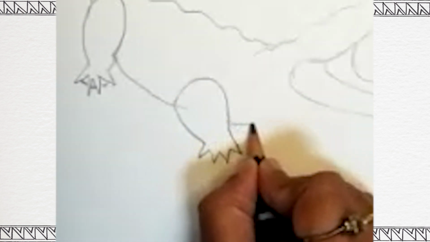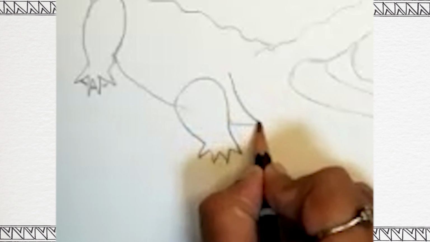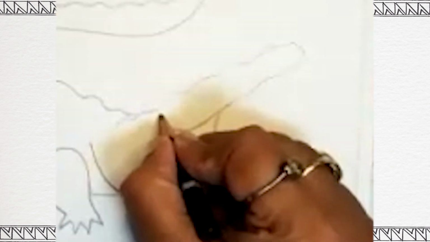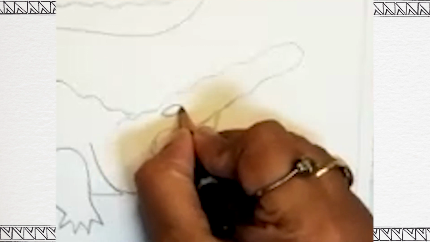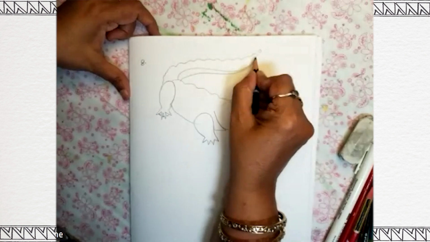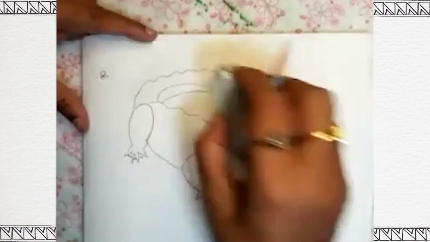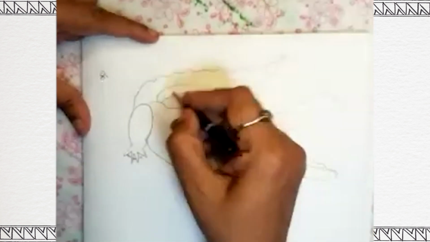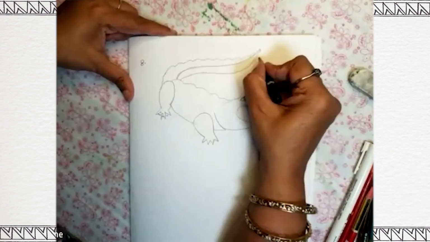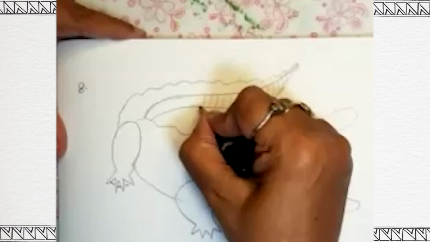Here you show the curve and show little curve here and let it join here. Now we will show the eye of crocodile. Now in the tail show one curve and this line we will erase and we will make it like this. Here we'll show the lines.